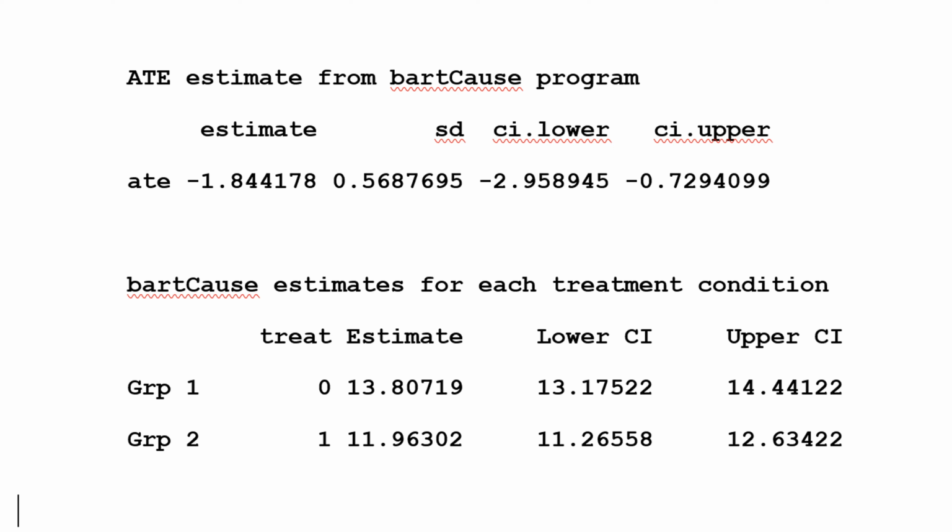When common support is violated, and there is non-overlap in the covariate distributions between the treatment and control conditions, accurate inferences about treatment effects can be, but they're not always, undermined.